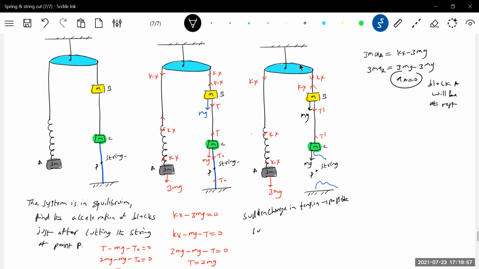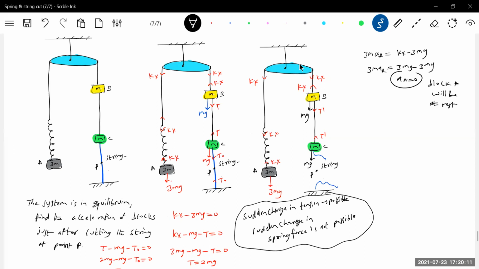Very important. All these numericals revolve around these ideas. Sudden change in spring force is not possible when you cut the string, but sudden change in tension is possible.